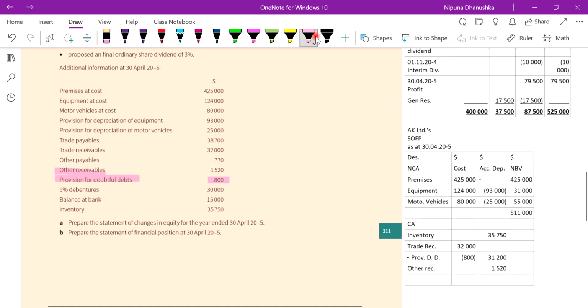Trade receivables 32,000, and other receivables 1,520. Then moving on to the bank balance, 15,000.